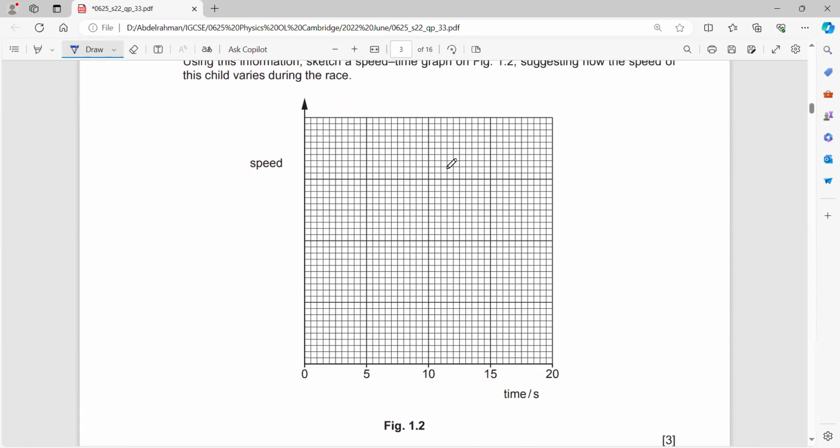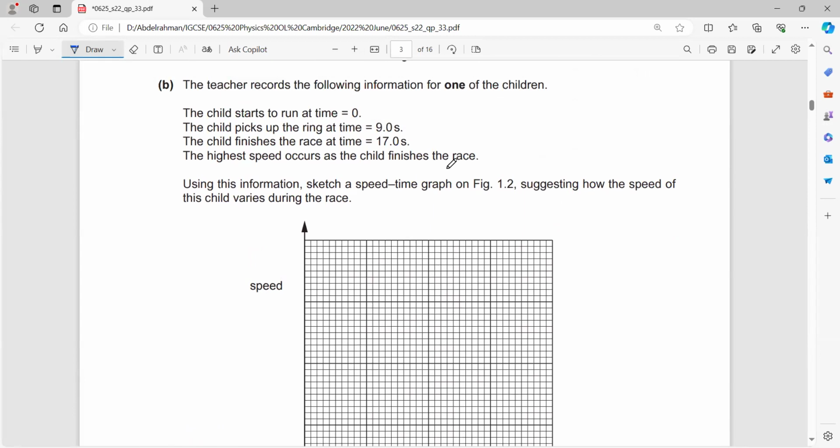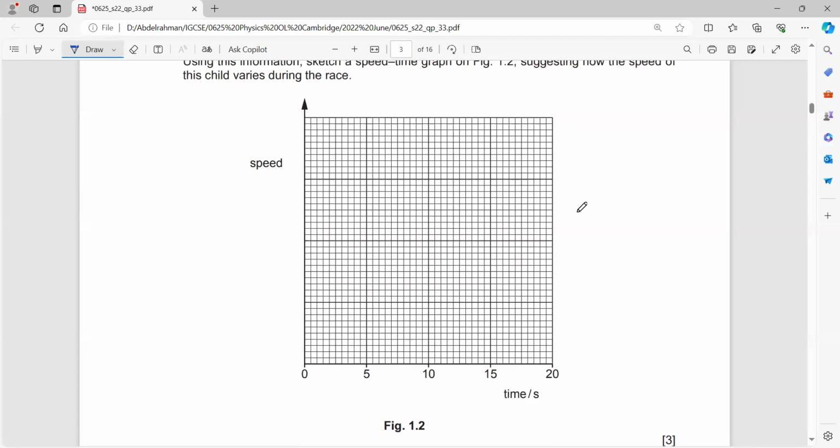This is quite a tricky question, by the way, a tricky graph worth 3 marks. The child starts at time 0. He picks up the ring at time 9 seconds, and then he finishes the race at 17 seconds. What should we do? How should we plot this graph?